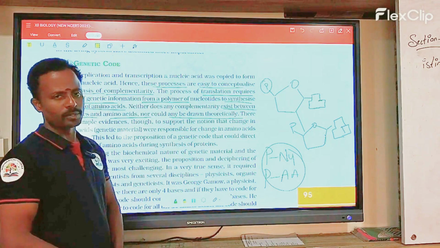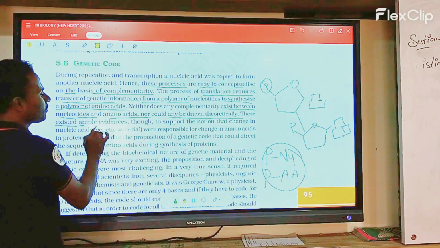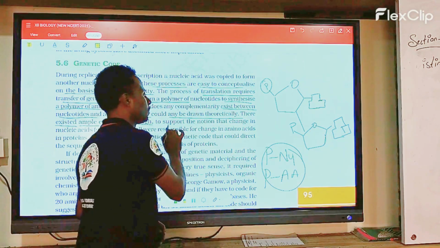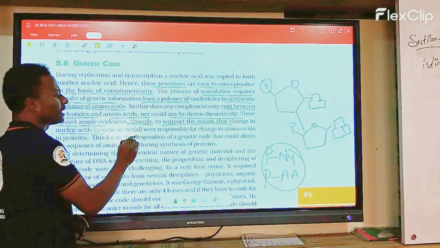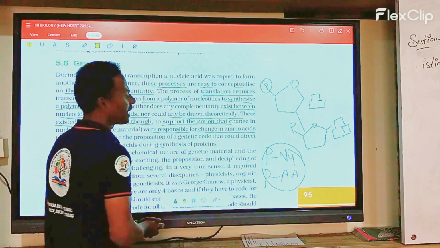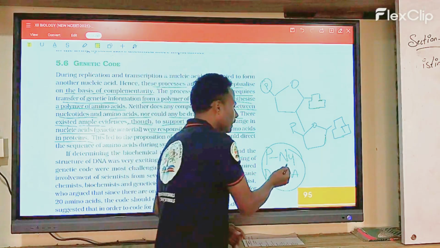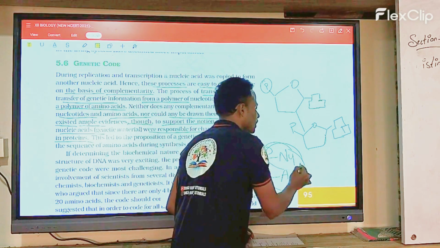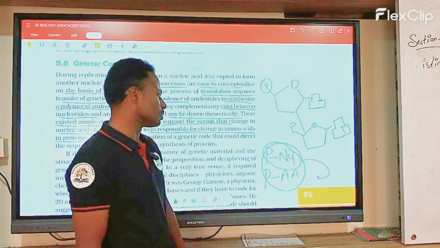Now, once we observe, let's say there existed ample evidence to support the notion that a change in the nucleic acid, the genetic material, is responsible for the exchange of an amino acid in a protein. So here, mostly when one nucleotide changes, what happened? The amino acid also automatically changes.